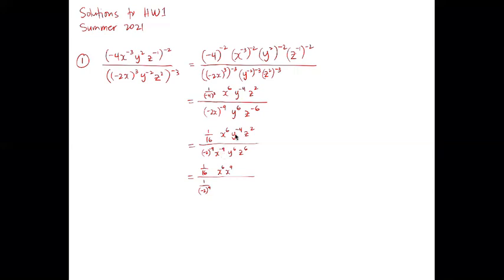For the y, in the numerator, you have y raised to negative 4. Here you have y to the positive 6 on the denominator. So what we're going to do is to bring y raised to negative 4 down to the denominator. So you will have here y to the 6, y to the power 4.